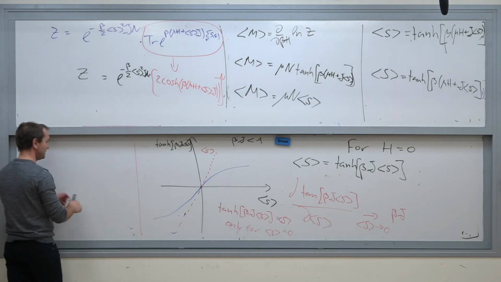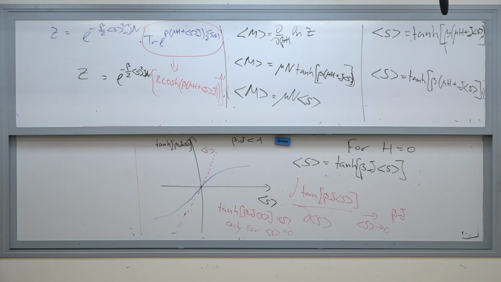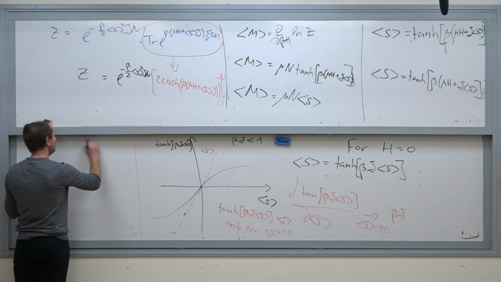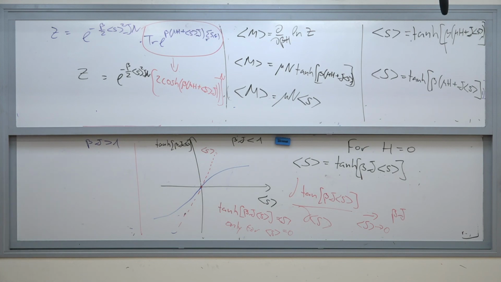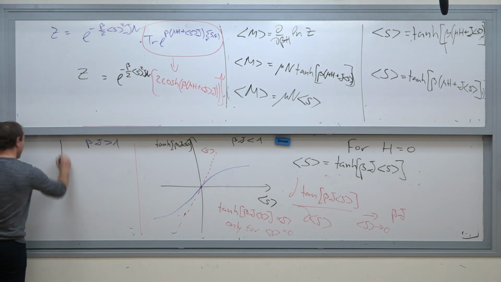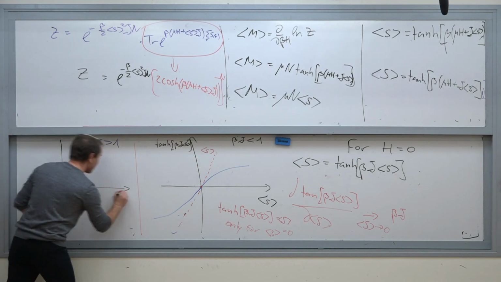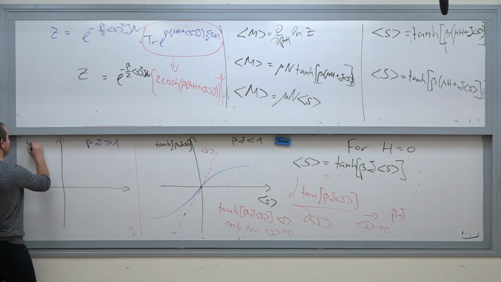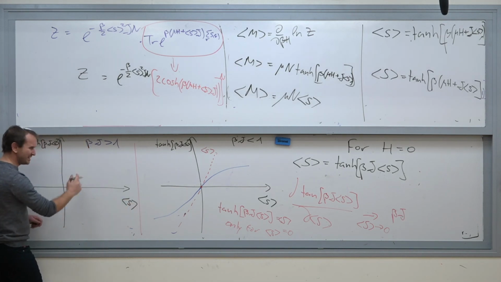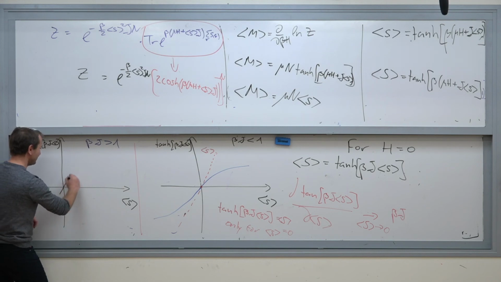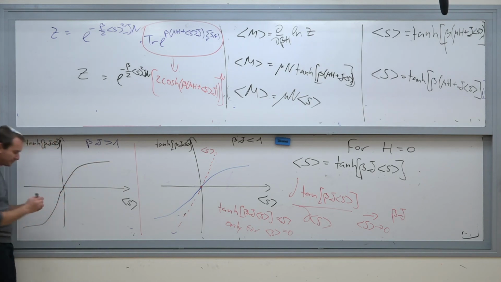The second case is when beta J is greater than 1. Again, I draw my hyperbolic tangent of beta J S as a function of S. It looks the same, it's just the slope that is different.